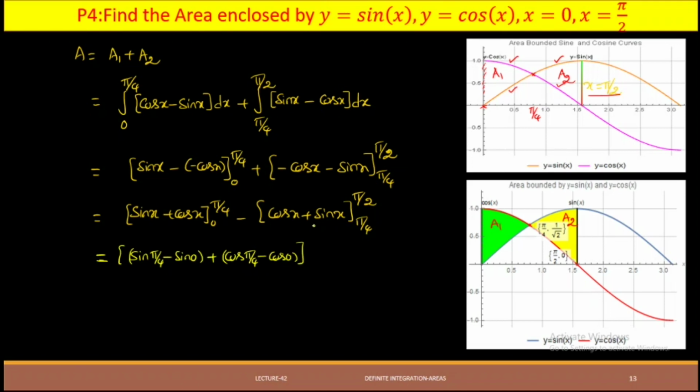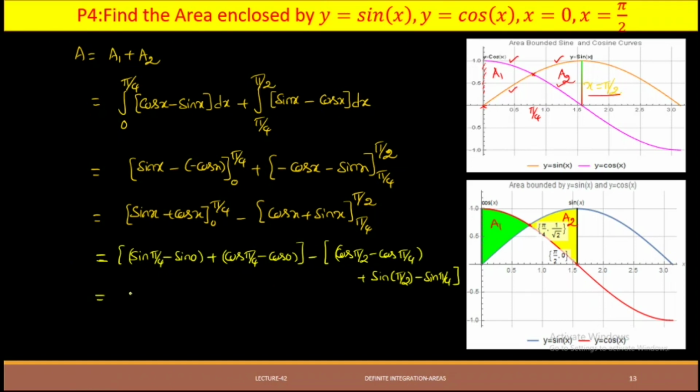So minus, this is cos pi by 2 minus cos pi by 4 plus sin pi by 2 minus sin pi by 4.